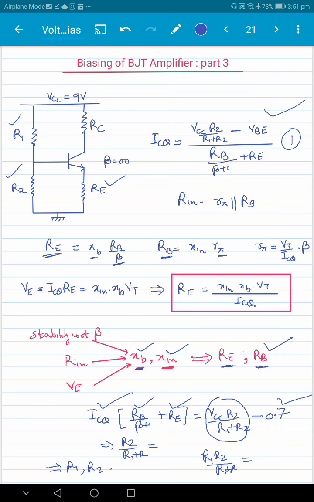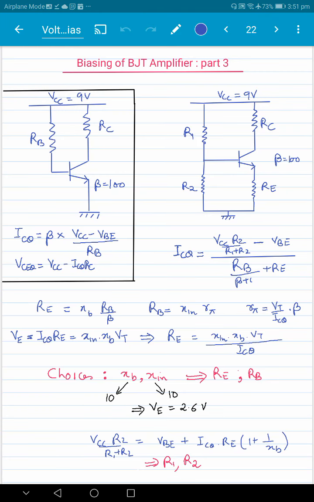So these choices decide the value of Re, and then all the other parameters, R1 and then R2. And note that once you make these choices, ICQ Re according to this equation is Xn by Xb times Vt, right?